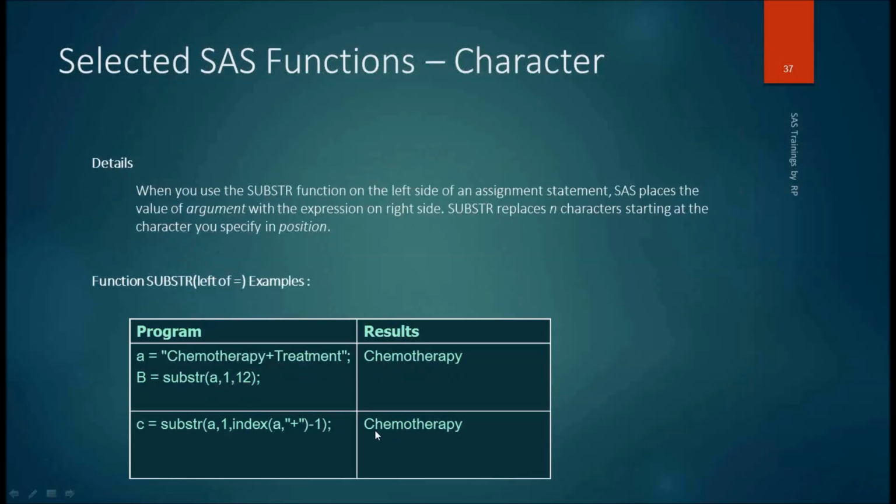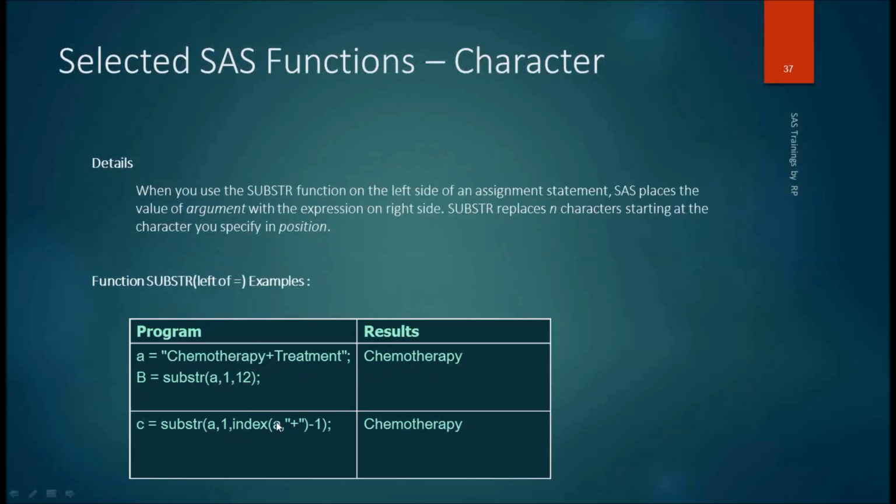And there is one more way. Like I mentioned, in functions, you can use a function within a function. So here I have one function called index function, which is used inside the substring function. The index function basically gives you the position of a special character or character present in the argument. Here my special character is the plus sign. So the index function gives you the position of the plus sign in the character constant.